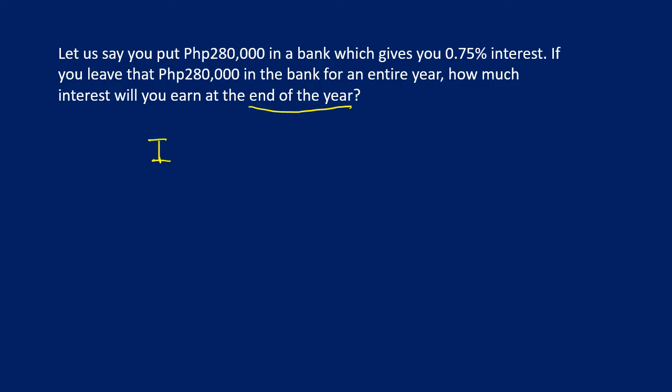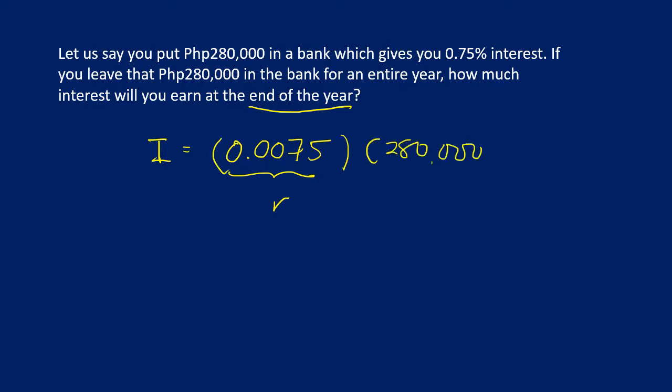So the point is the interest is 0.75%. Wait, let me just change that. My rate is 0.0075, that's my rate, times 280,000.